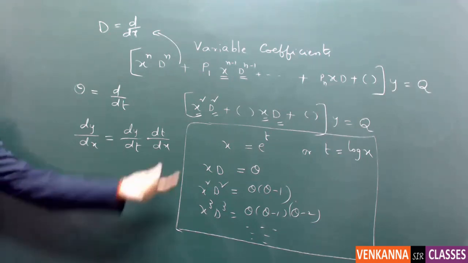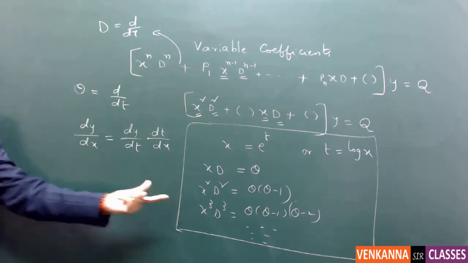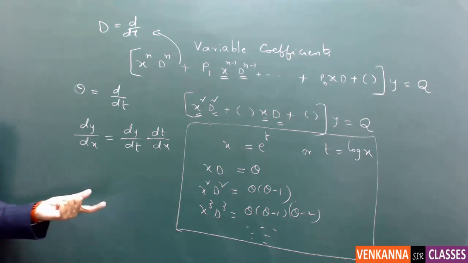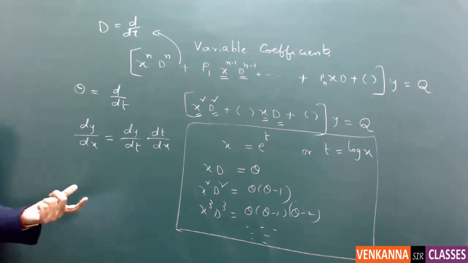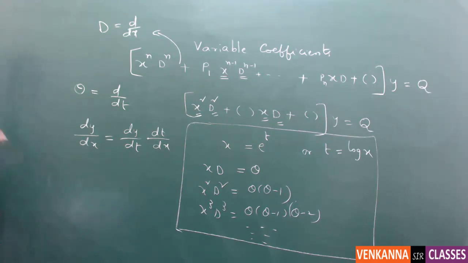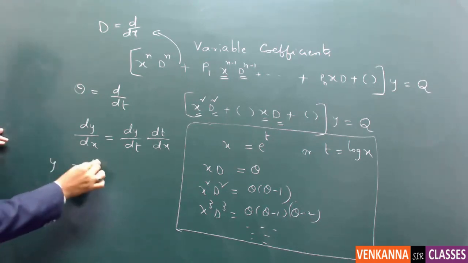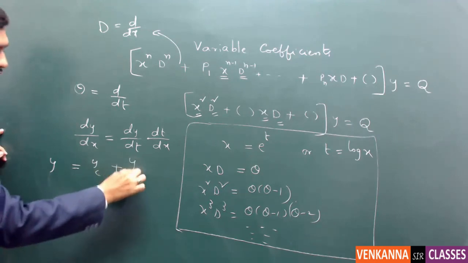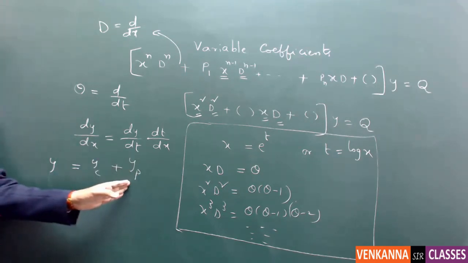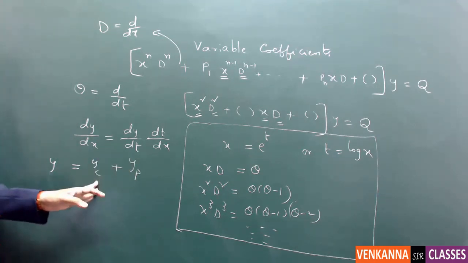Now, by doing these substitutions, the remaining procedure is as usual. So, we are going to evaluate y. So, y is equal to yc plus yp. We follow the regular procedures or methods we have discussed so far.